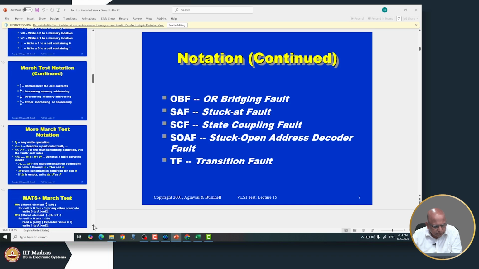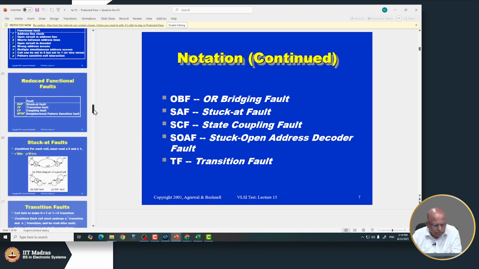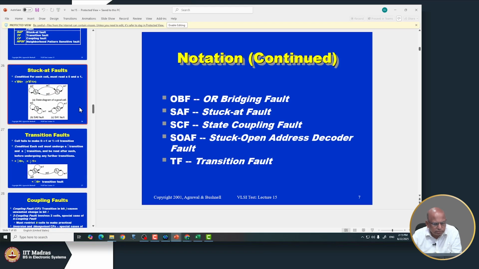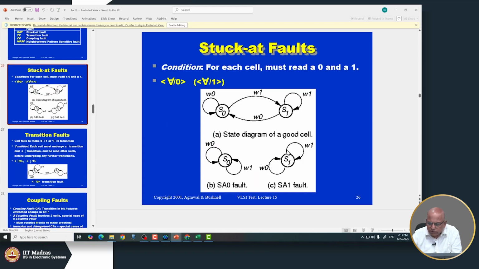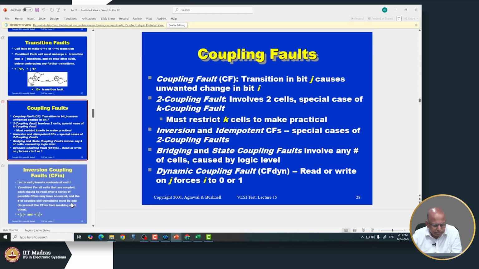So, we already saw this. This is a good cell. If there is a stuck at 0 fault, it behaves like this. If it has a stuck at 1, it will behave like this. This is a transition delay fault. We already saw this.